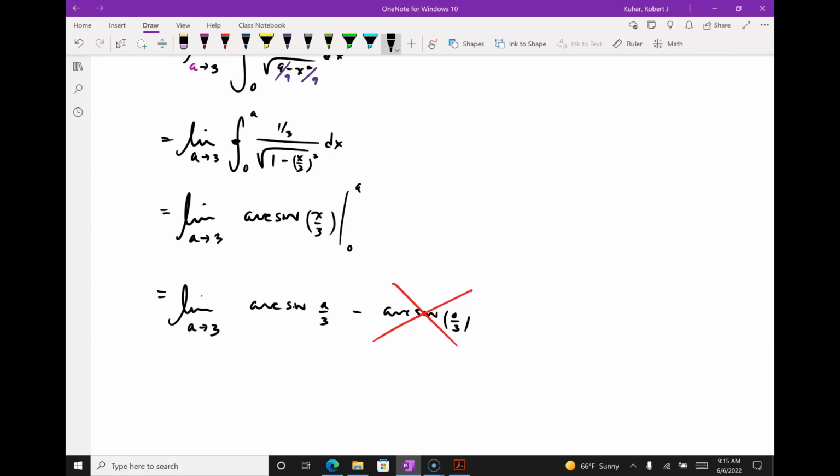And this is not bad here, right? What do I get? I get the arc sine of 1, right? And when is sine equal to 1? Yep, pi over 4.